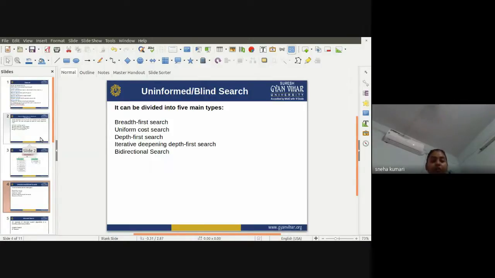So it is also called blind search. It examines each node of the tree until it achieves the goal node. So this is the main reason behind it being known as blind search.